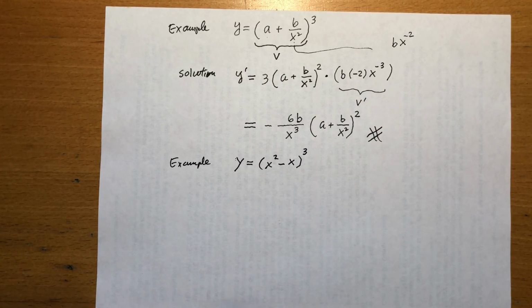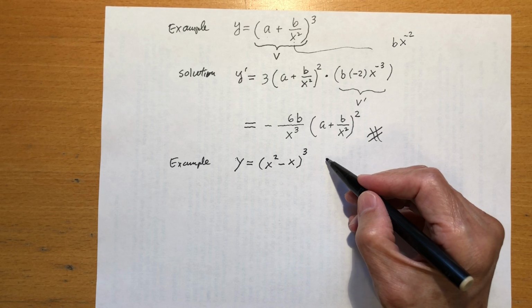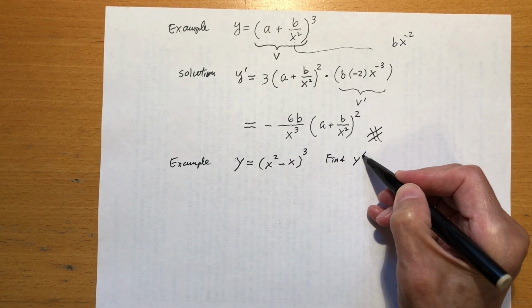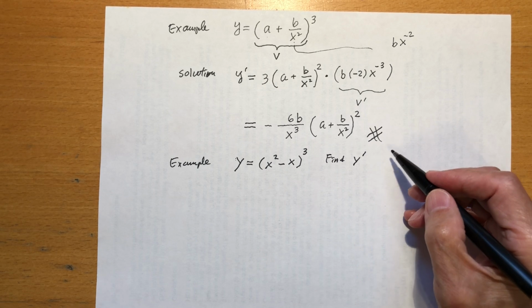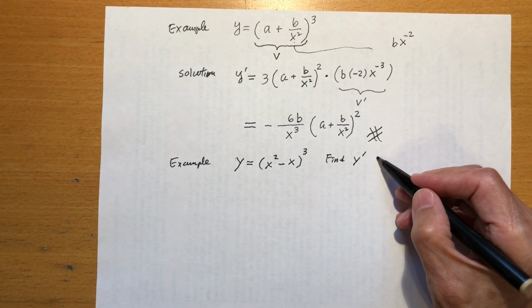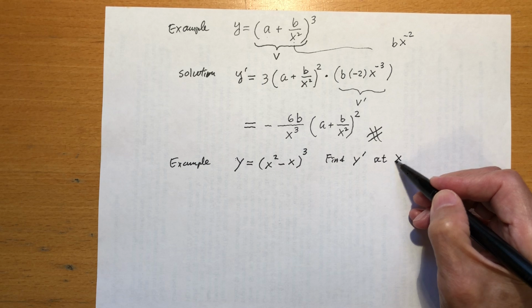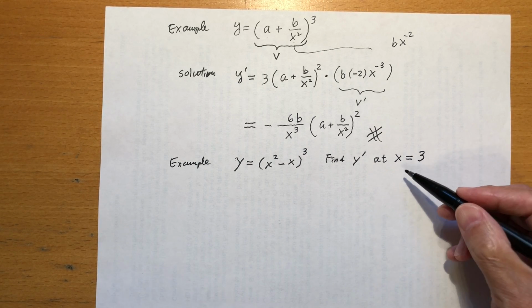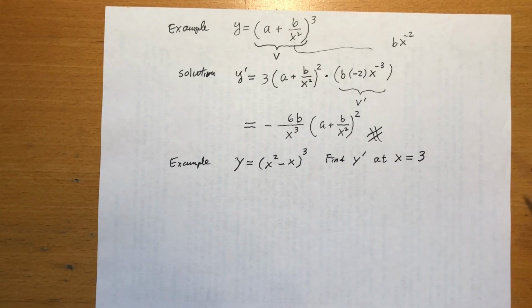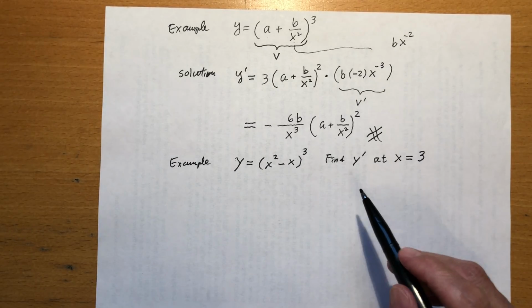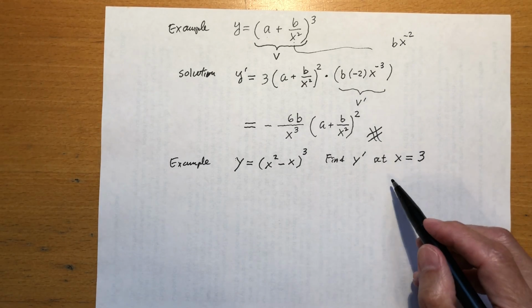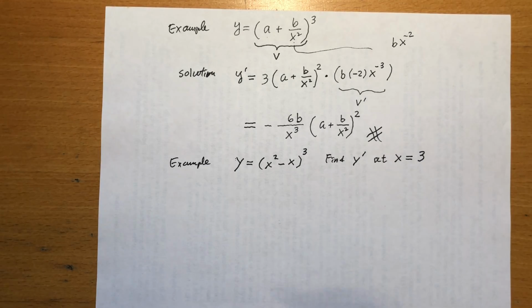So my next example has the instruction to find the derivative. But you need to find the derivative at x equals 3. You see, the x coordinate is given in this question. I not only need to find the derivative, I need to replace my final x by the value 3.